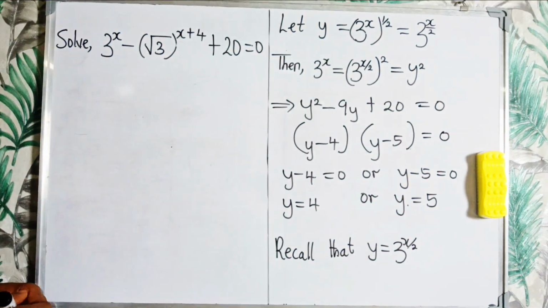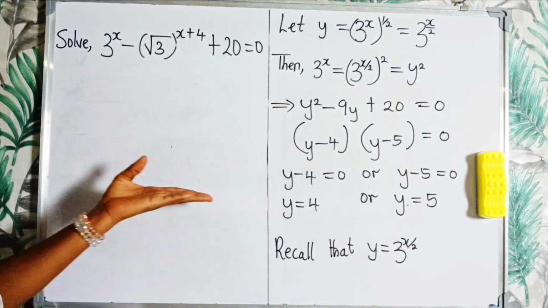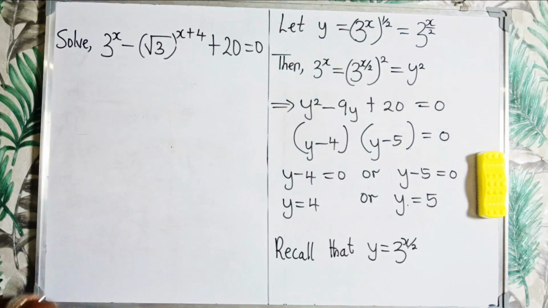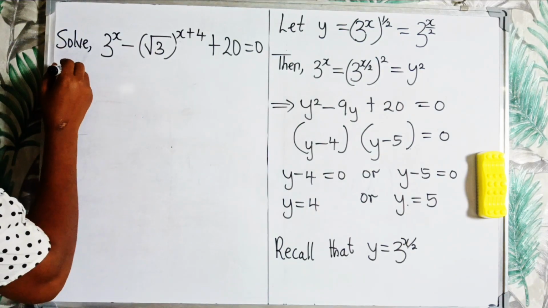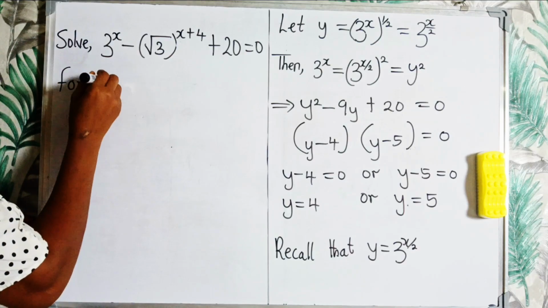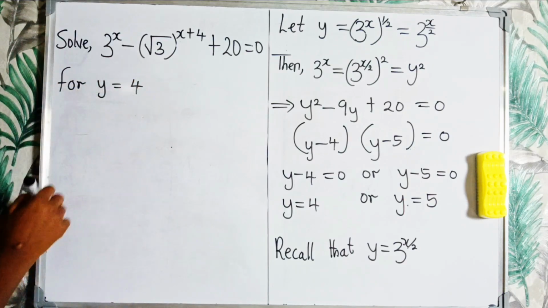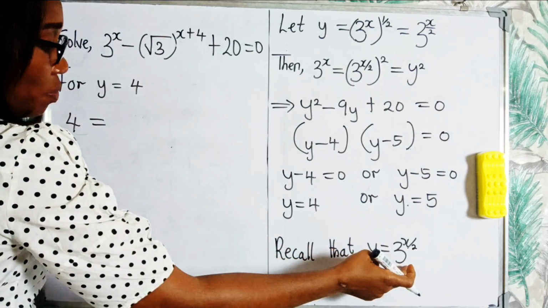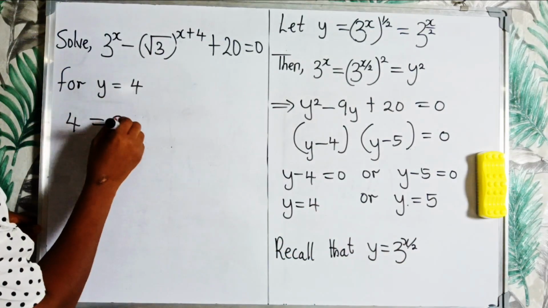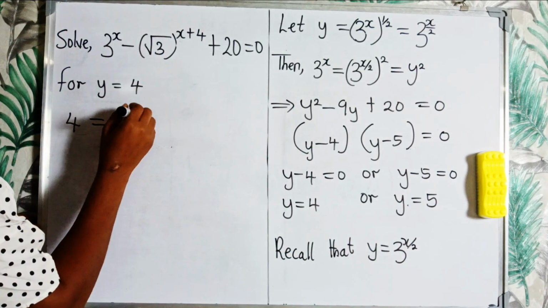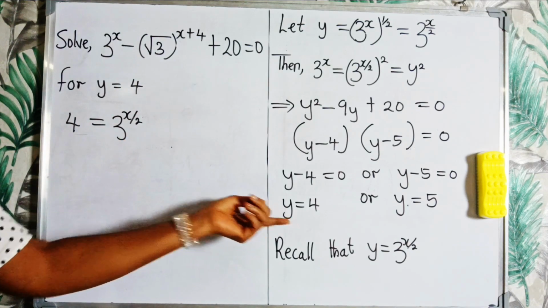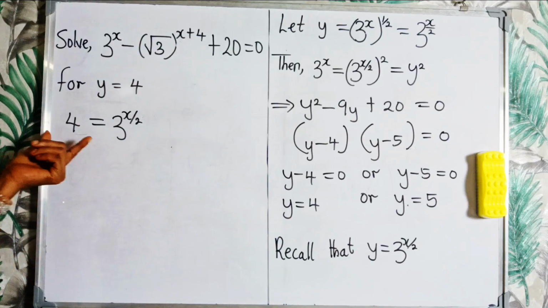At this point, we will use the values of y that we've gotten to solve for the values of x. So for y equals 4, we have 4 is equal to 3 raised to power x over 2. We are working with the first value of y.